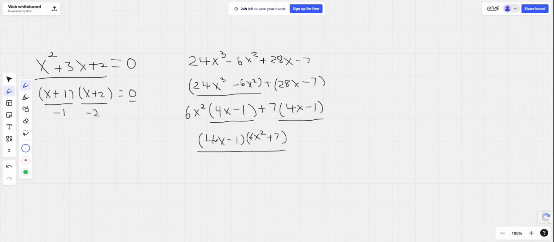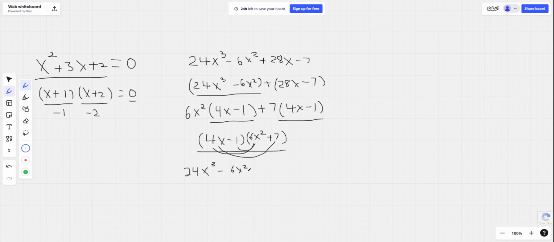Now to check, we can FOIL. So 4x times 6x squared, 24x cubed, -1 times 6x squared is -6x squared. I did foiling out of order, but with foiling you're just adding and subtracting, so it doesn't matter.